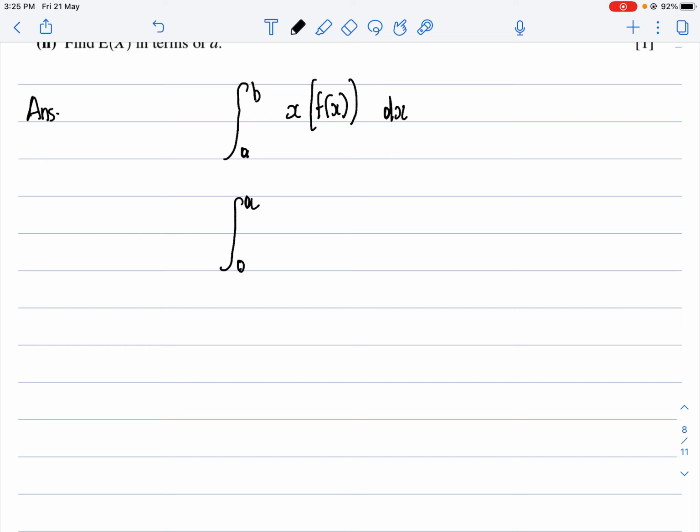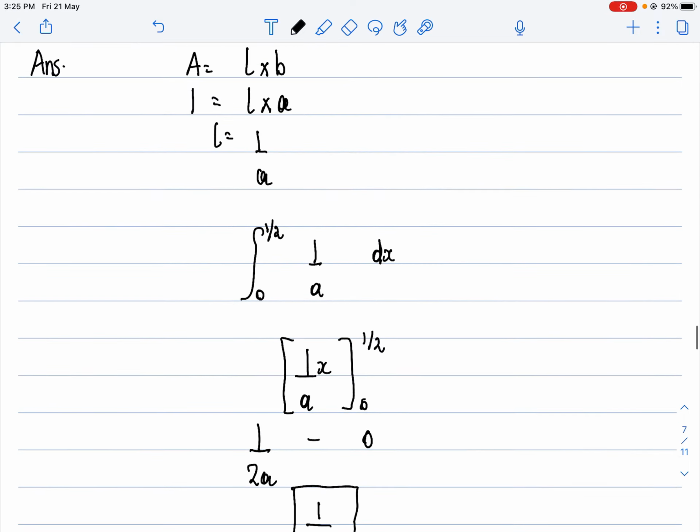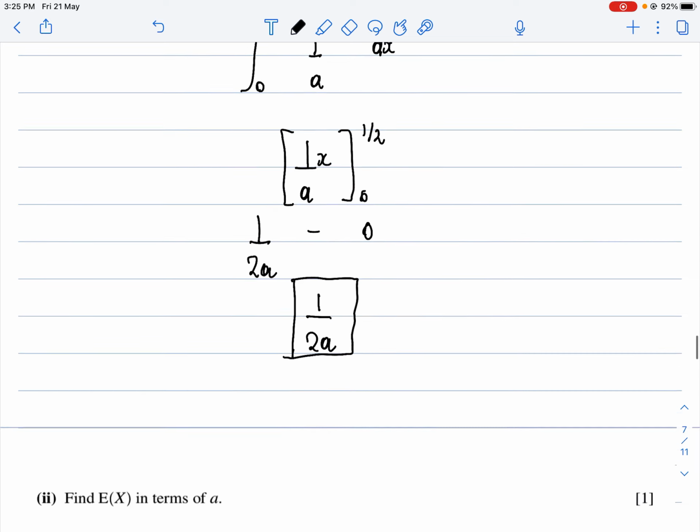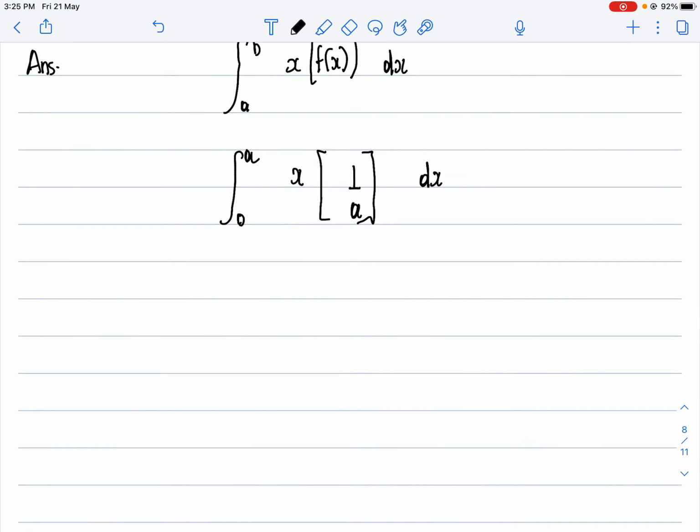I know x into f of x. I know my f of x is 1 over a, which we got in part 1, correct? This is what we got. Now I can integrate this from 0 to a as 1 over a x dx.